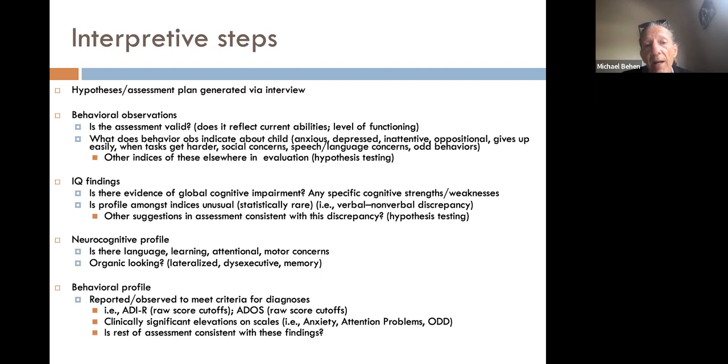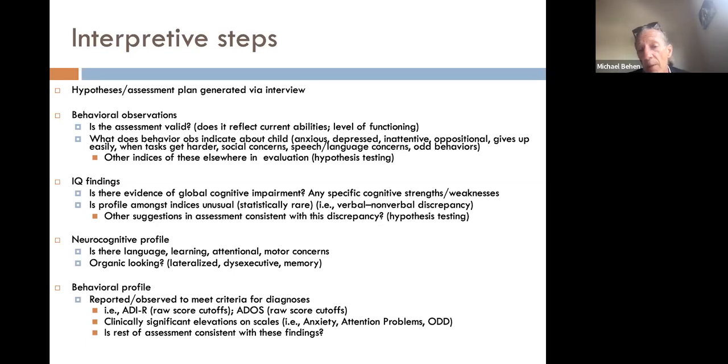So now we are at the end. We've done an intake and we have a really full understanding of what the individual's life looks like. We have used our tools and we have a good understanding of many aspects of their neurocognitive behavioral functioning.